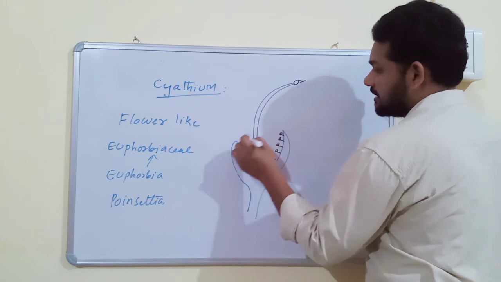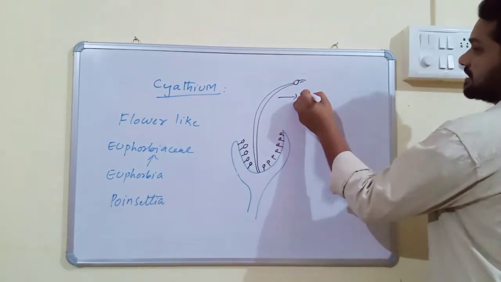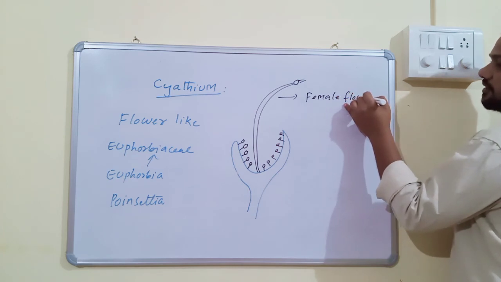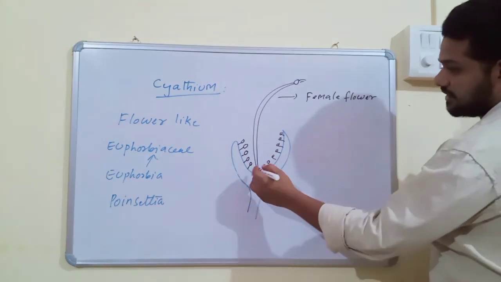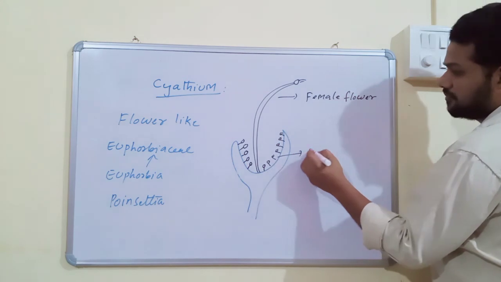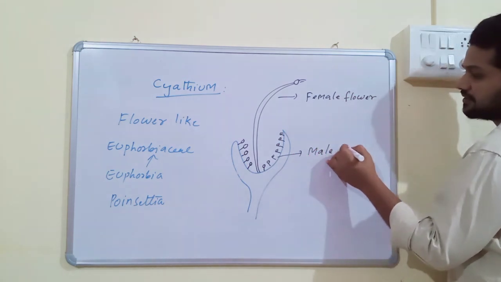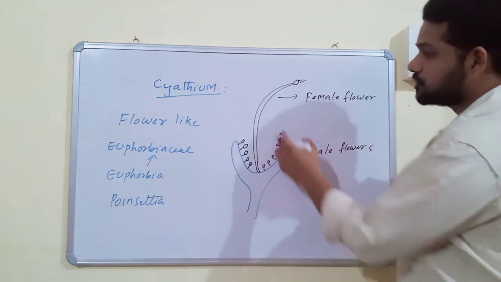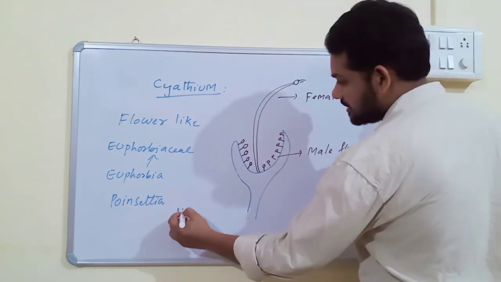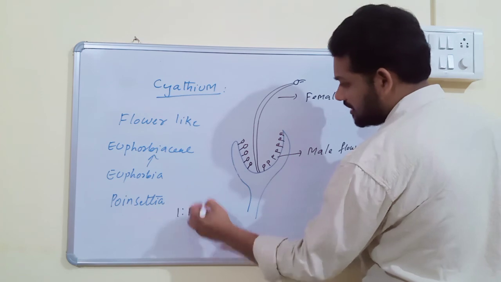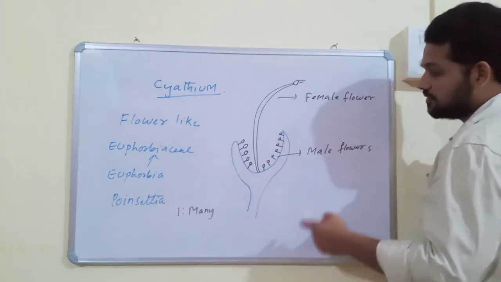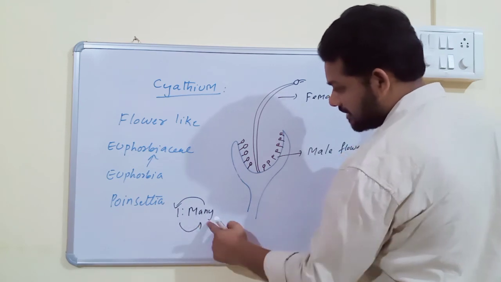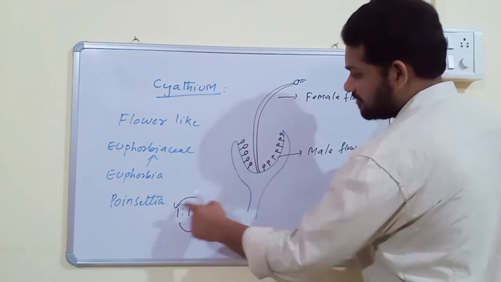The female flower is present towards the center, surrounded by many pedicellate male flowers. The ratio of female to male flowers is 1:many, or male to female is many to 1.